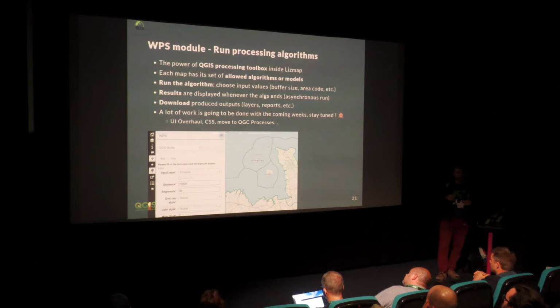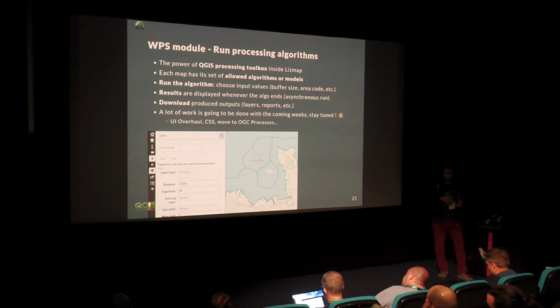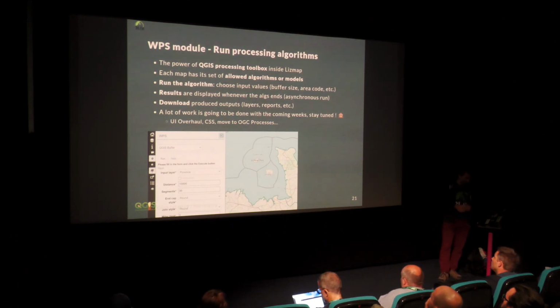So you can define which algorithm or your model if you want a more complex workflow, and be able to run this algorithm from your web browser using QGIS Server in the backend, of course. So it will expose your input values and the results, etc., and you can download them. So this will have some updates very soon in the coming weeks.